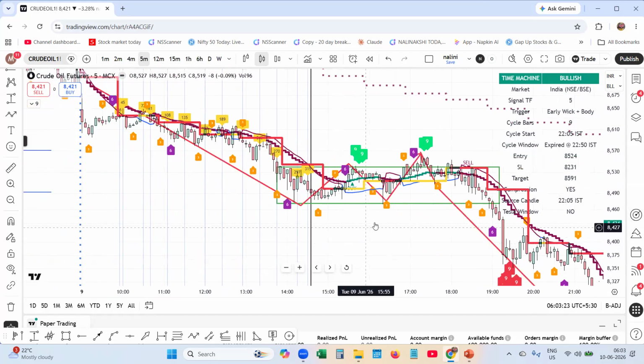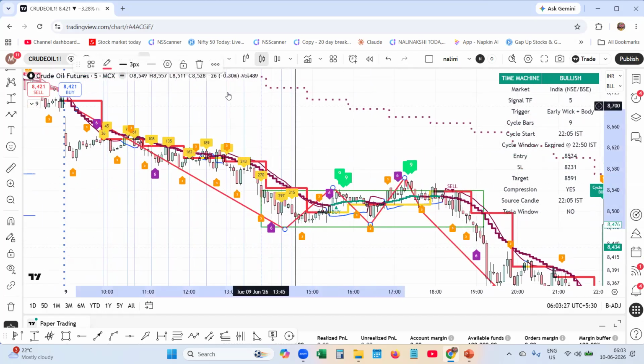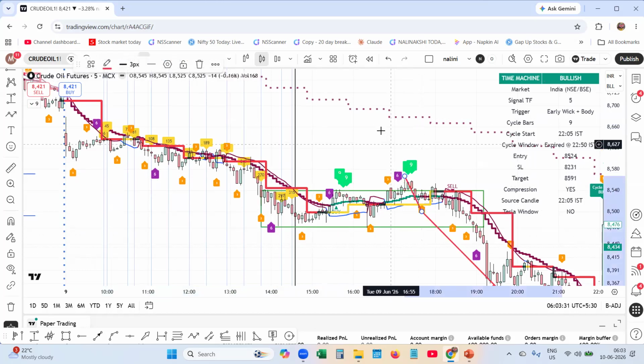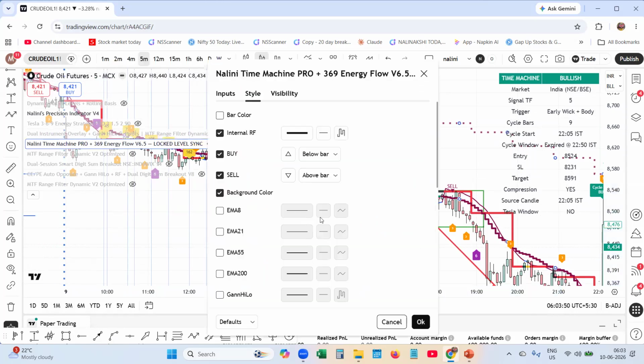Here, this is the internal range filter, and this is the hourly range filter. I will enable the 15-minute range filter also. I've included the 15-minute range filter.